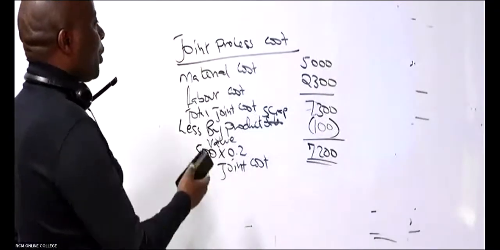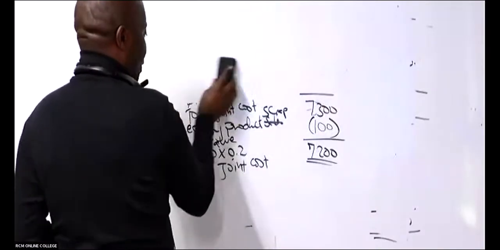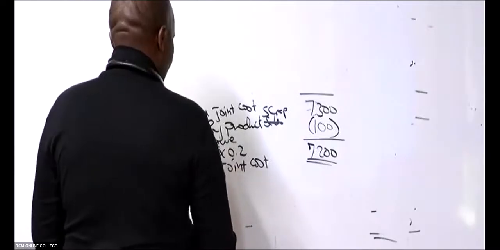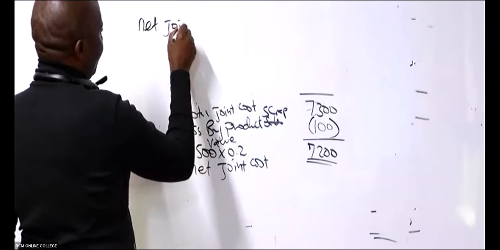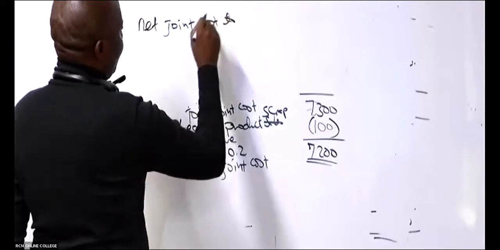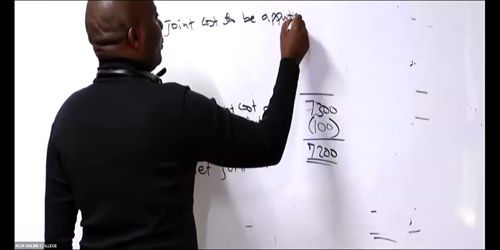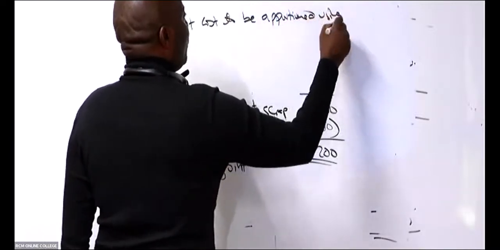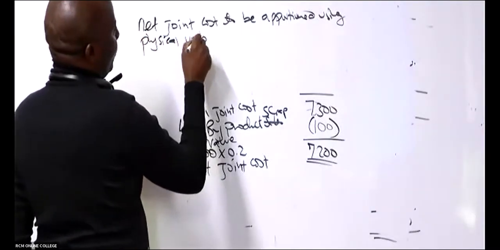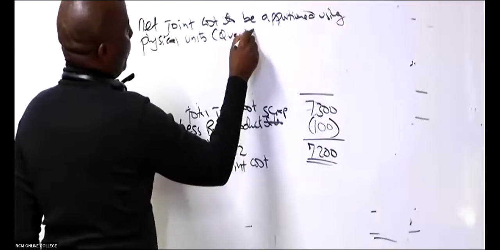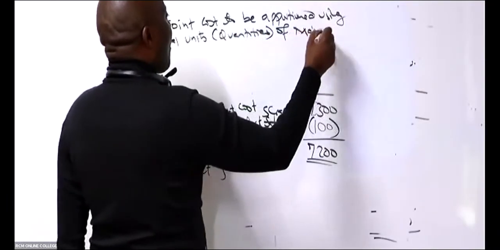So the net joint cost is to be apportioned using the number of units produced, of main products.